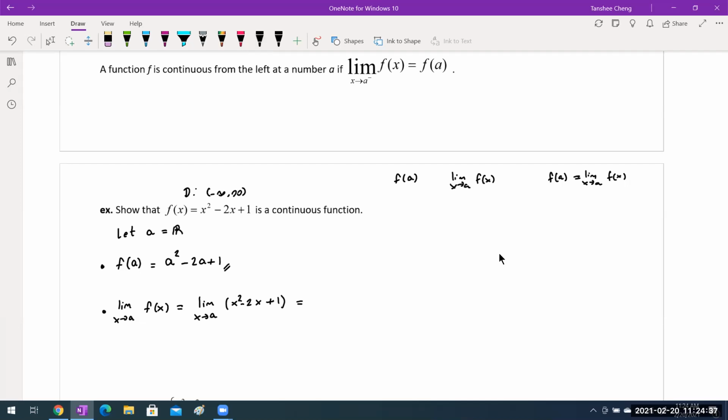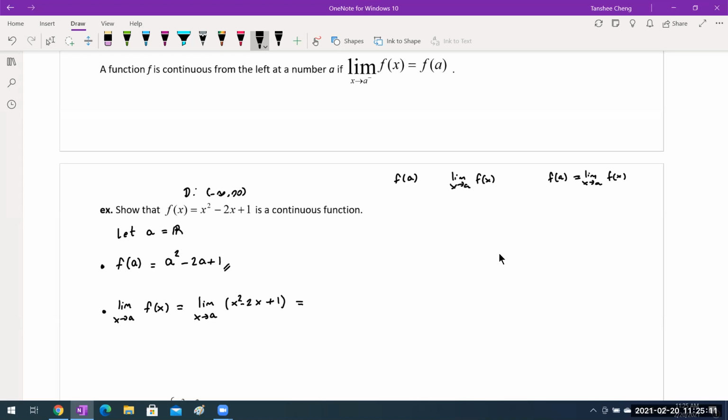I should not have said that, because direct substitution is only applicable when the function has the continuity property. And we are trying to prove continuity. So if you use direct substitution, you're already assuming this is continuous. So why are we still proving it? What I need to use is a limit law instead of a continuous function.